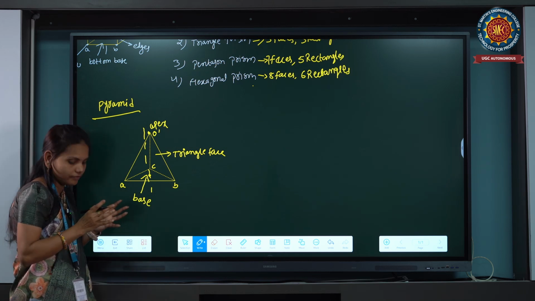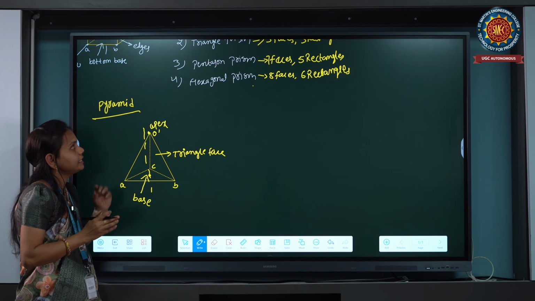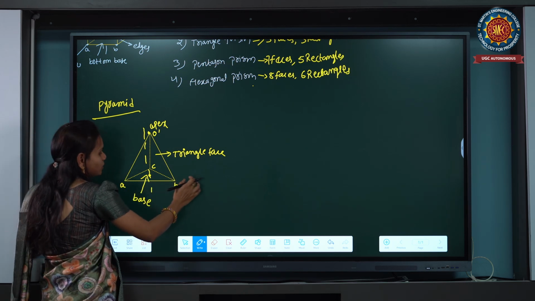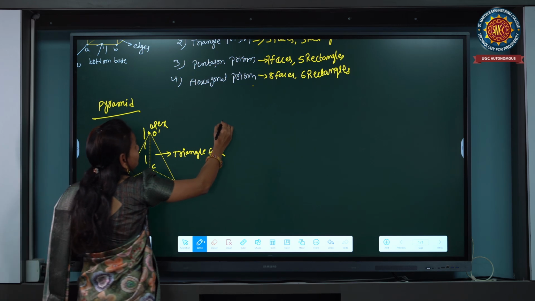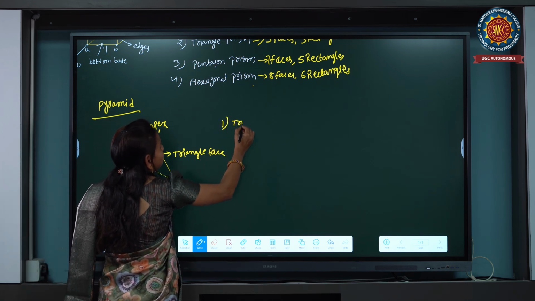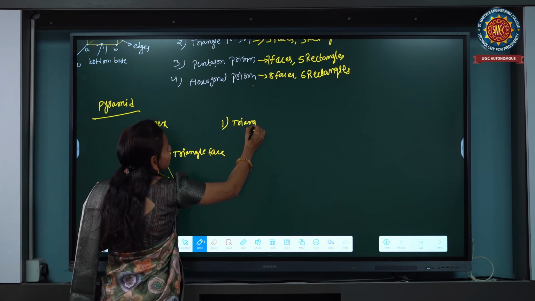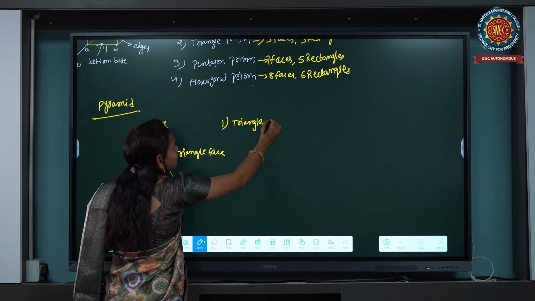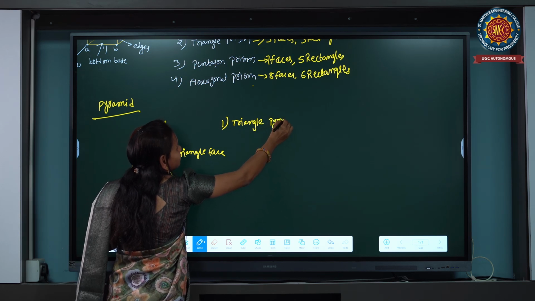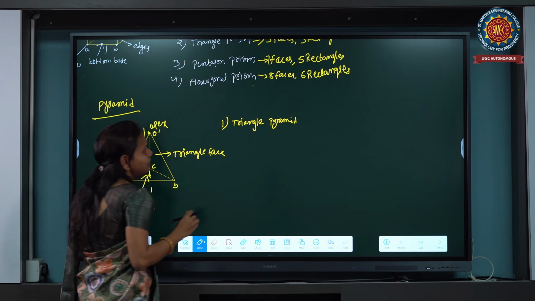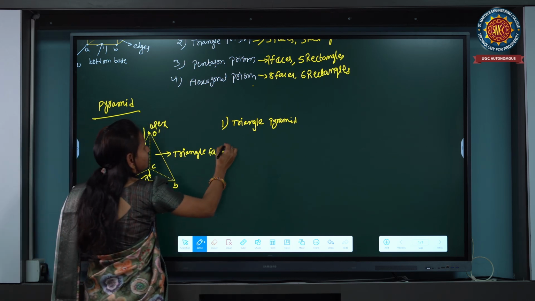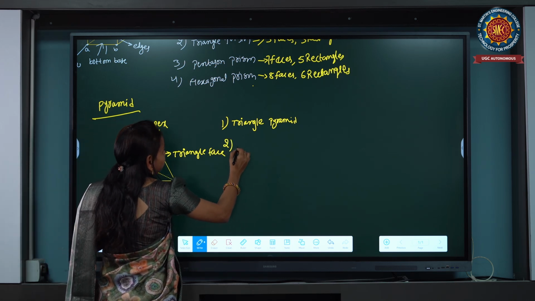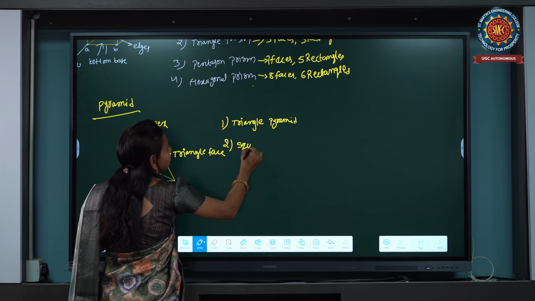The pyramid is classified again into the same 4 types. The first one is the triangle pyramid. This pyramid has only one base and one apex point. The second one is the square pyramid.